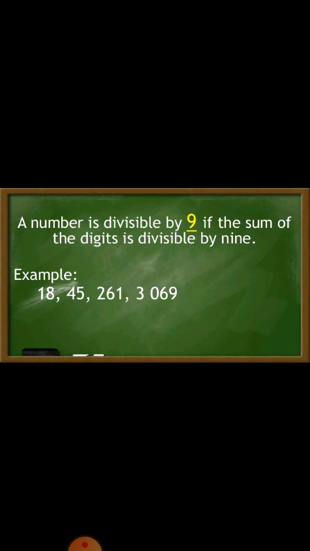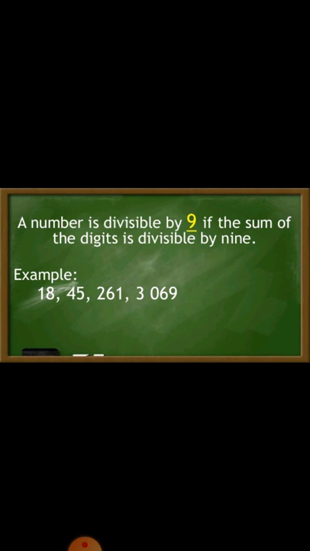For example, here we have number 18 and we know that 18 is divisible by 9. Next we have 45 and 45 is also divisible by 9. Next we have 261. In this example we have 3 digits and we cannot quickly divide it.